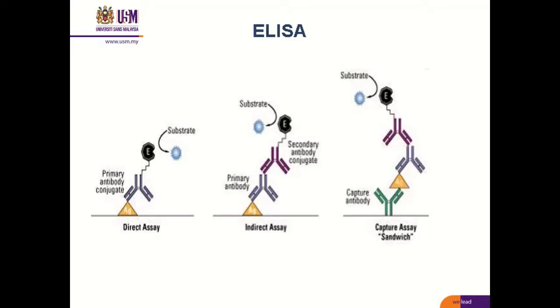For the sandwich assay, the capture antibody is bound to the microtiter plate, and we detect the patient antigen which attaches to the secondary antibody, and the enzyme cleaves the substrate to produce the color.